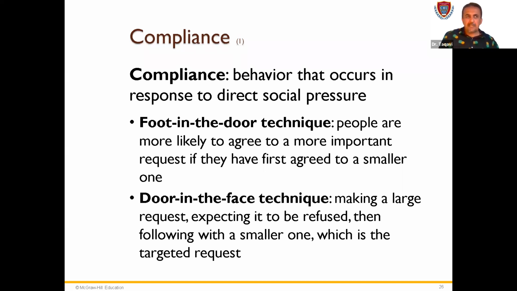Foot in the door is about starting with a very small request, my foot is in the door, like looking at a room or a space, and then asking for greater requests little by little. But in door in the face, I make a large request, and after that, you will be satisfied with the smaller request.